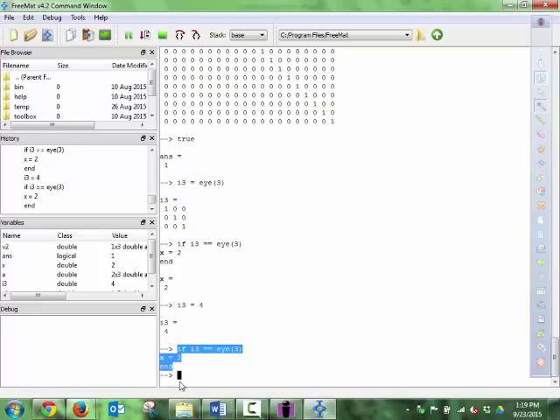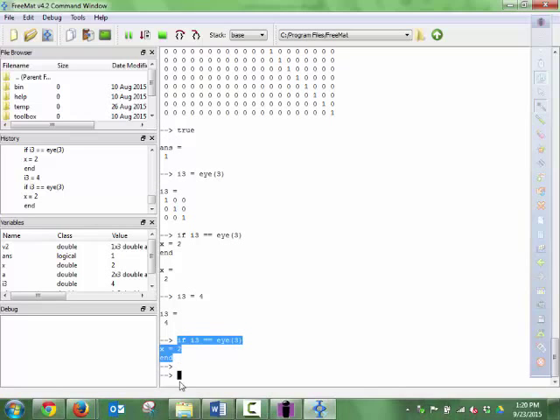We can move on. So there's a lot of ways to create matrices. We created a matrix from those 2 row vectors. Well, we can also create a matrix from those 2 column vectors. So let's say B is equal to... V1 was a row 1, 2, 3, but I'm going to make it a column 1, 2, 3 by putting this apostrophe.